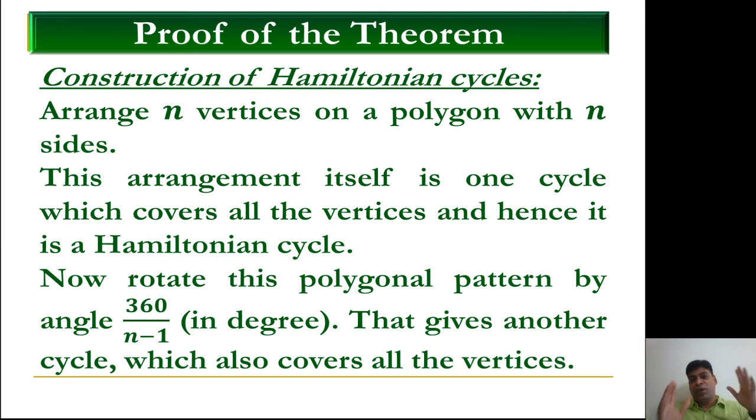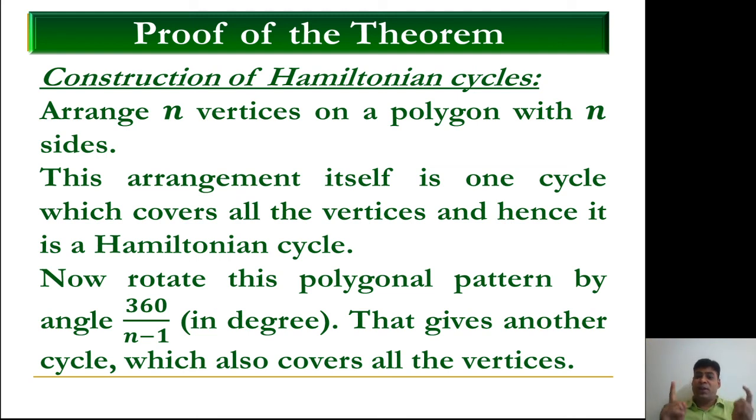Now how many vertices did we consider in the problem? 9. There were 9 persons to be seated at a round table. The number of vertices on the boundary of the polygon was 9 and a rotation was 8, so we considered an angle of 360 by 8 for the rotation.